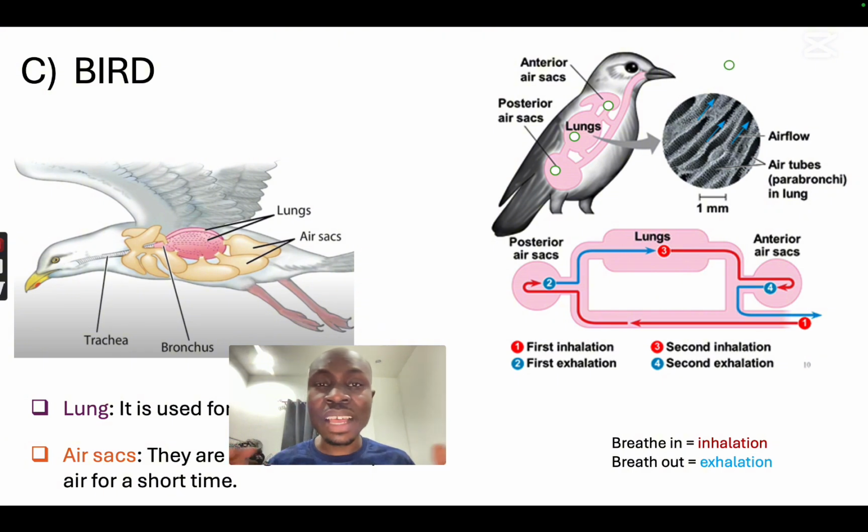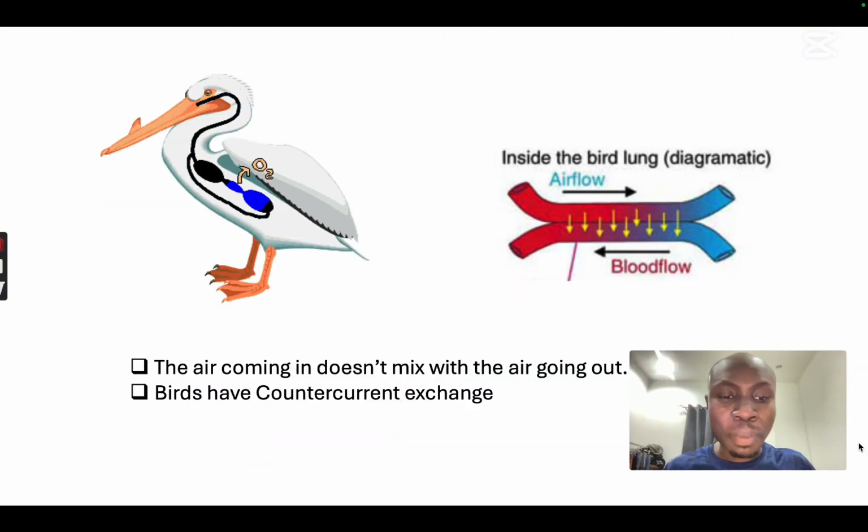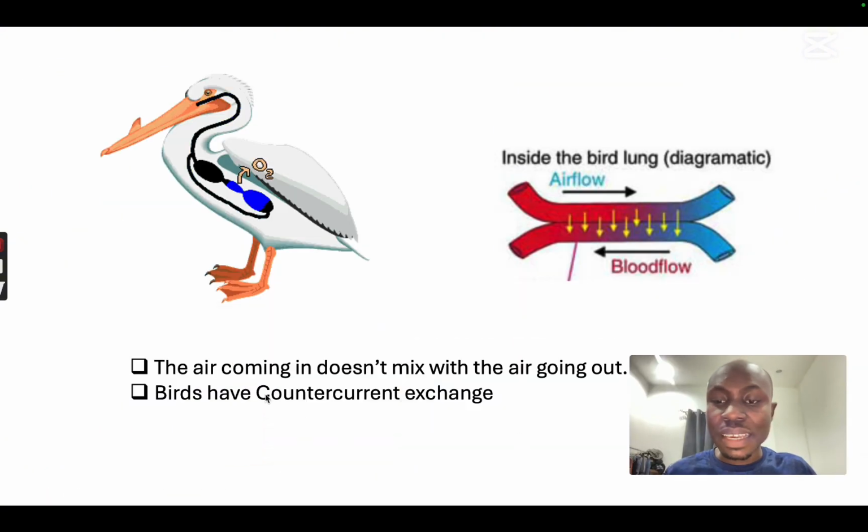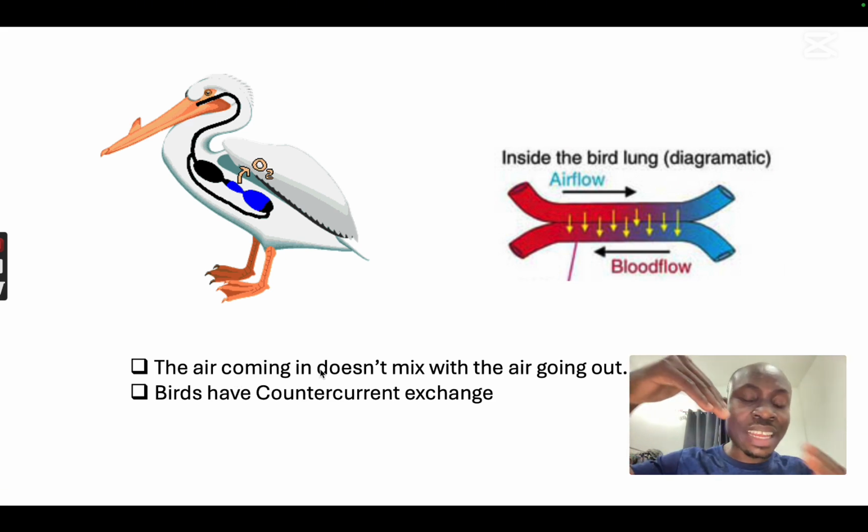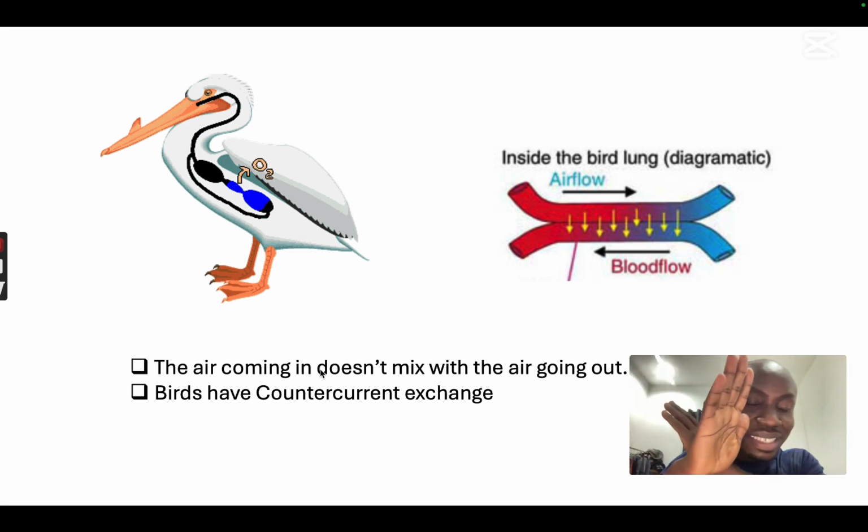So birds are different from you. You breathe in one time and breathe out one time. They have two breathe ins and two breathe outs. Now, why is this important? Because the air coming in and the air going out do not mix.